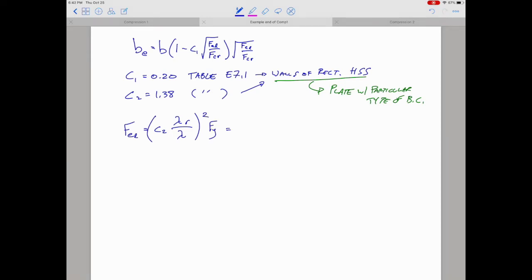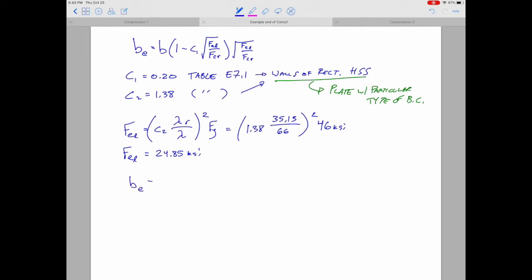I have those and I can plug them in, so that's 1.38 times 35.15 divided by 66 squared, and Fy is 46. That gives me an F elastic for the plate of 24.85 ksi.